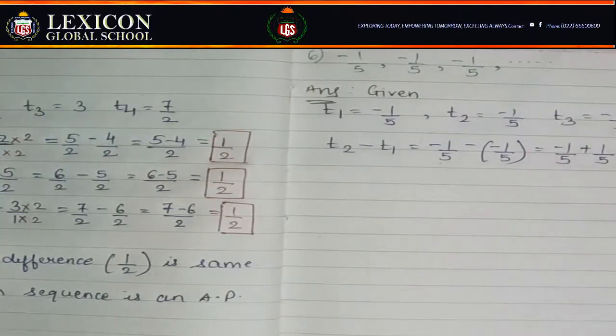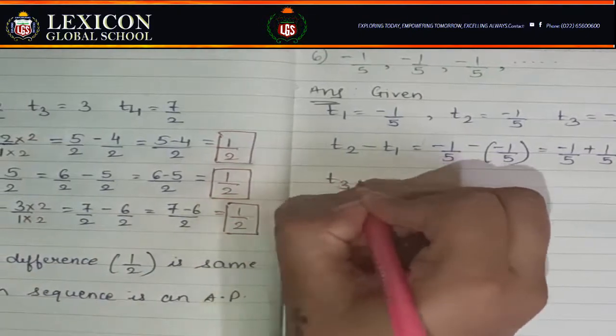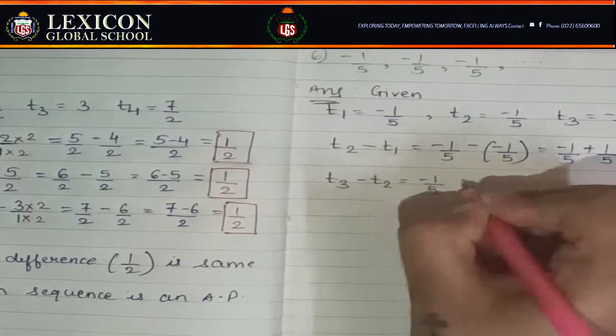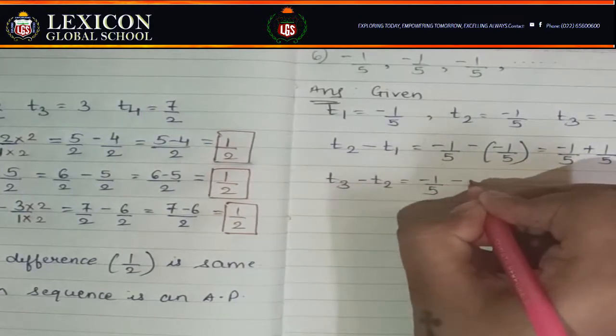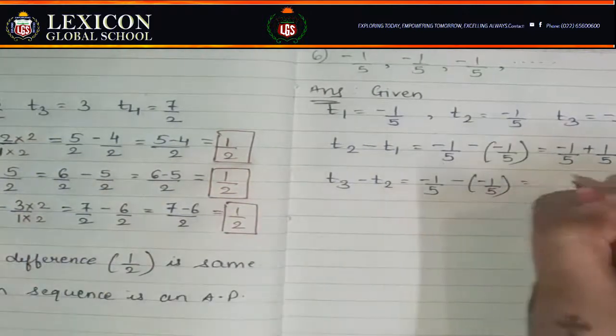So my final answer is 0. Okay. Let us consider the next example. That means T3 minus T2. Again, T3 is minus 1 upon 5 minus of minus 1 upon 5, that is your T2. Let us subtract.